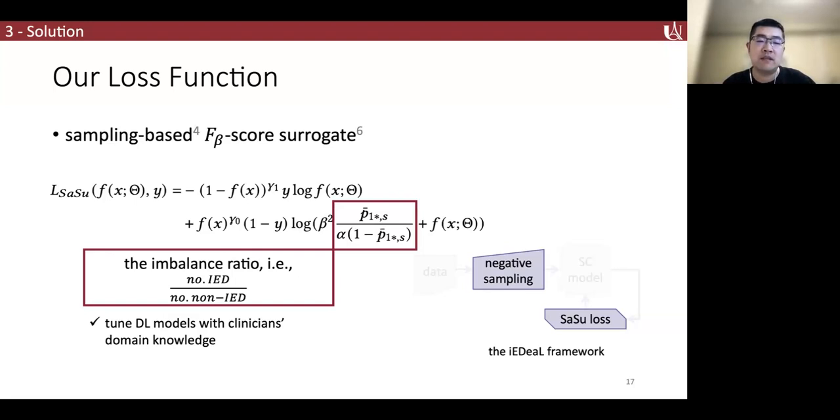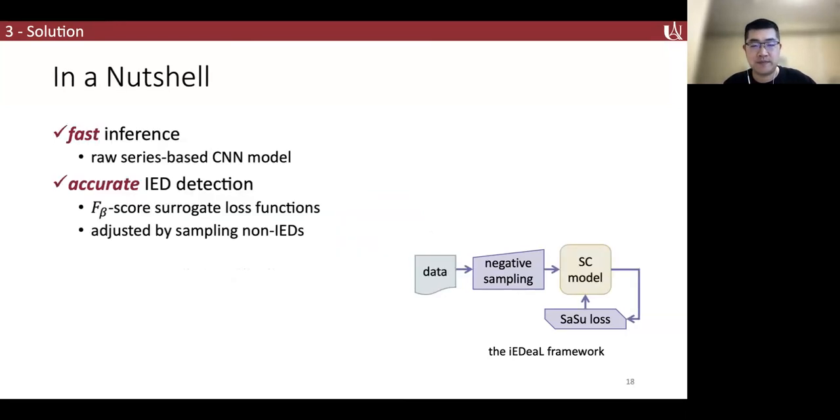Basically, we want to facilitate neuroscientists so that they can tune these deep learning models based on their domain knowledge. For example, they can infer the frequency of the IED patterns based on the clinical observations of the patient.